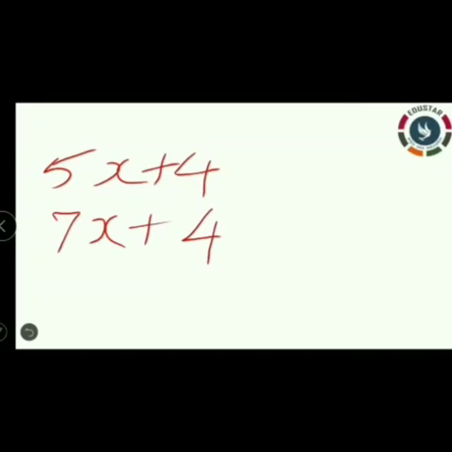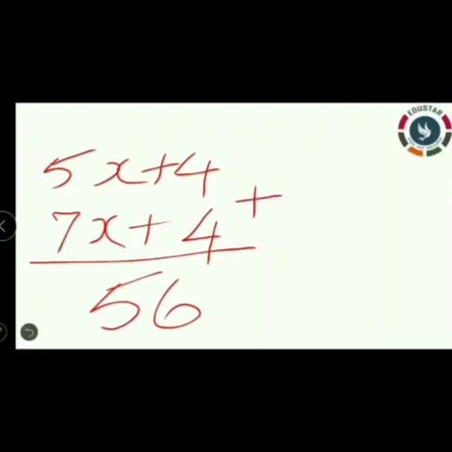Here the given condition is what? 4 years later, so 5x plus 4 and 7x plus 4. The sum of their ages will be 56. So 5x plus 4 plus 7x plus 4 is equal to 56. Now we have framed the equation, so we can find the value of x.